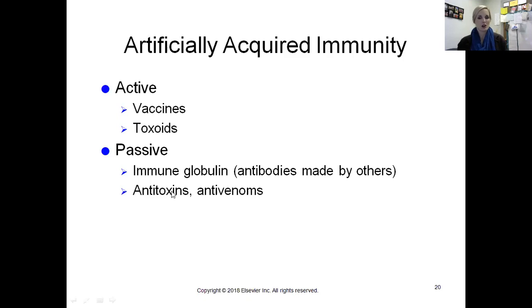Things like antitoxins and antivenoms are also an example of this. So say, for example, I get bit by a snake. More than likely, I am not going to be able to fight off that snake venom on my own or quick enough. So an antivenom will be injected into my skin and can fight off that venom a lot faster. Again, I'm not producing anything to fight it off. I am given the antibodies to this. So that's the difference between those four.